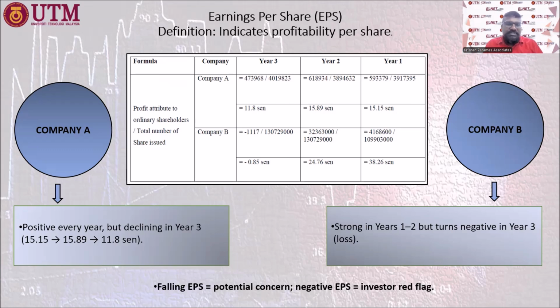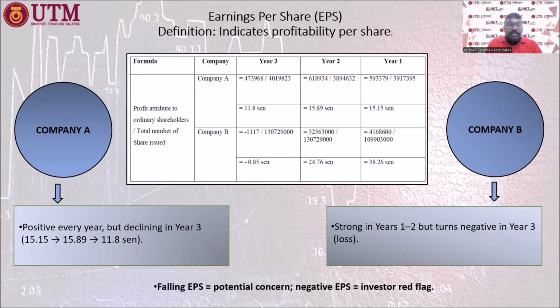Now, here as we can see, company A remained profitable across all 3 years, but its earnings per share is declining, which might raise concerns. As we can see, it declined from 15.15 to 15.89 and eventually in year 3, 11.8 cents.